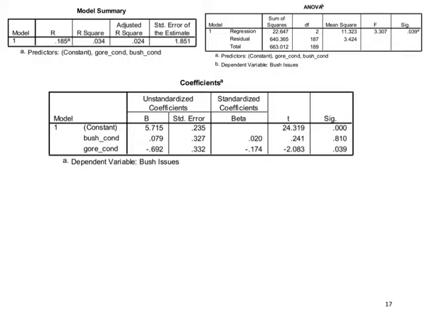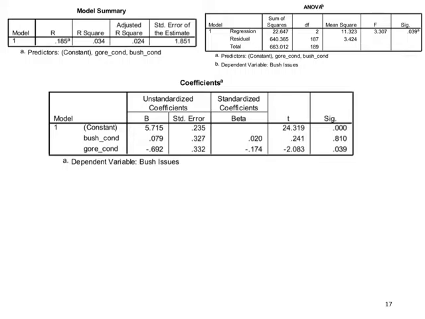And if we wanted to predict what the mean would be for the Bush condition, what would we do? It's going to be 5.715, and then what? Plus 0.079 times a value for the Bush condition, and what's that value going to be? It's going to be 1, right? Well, right.